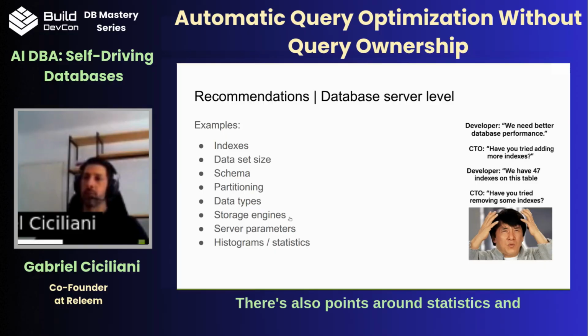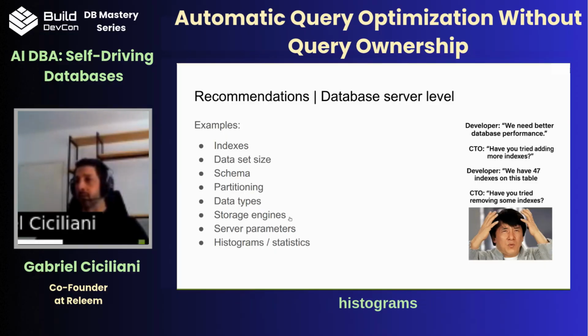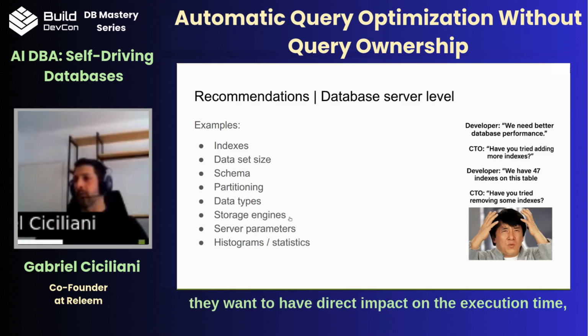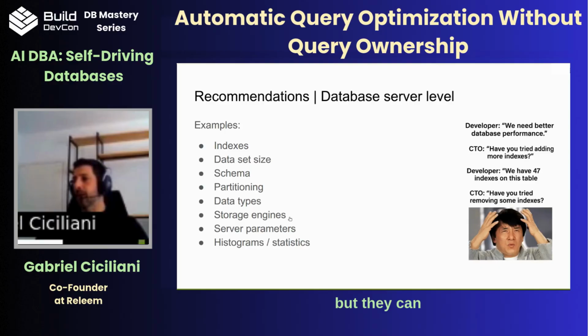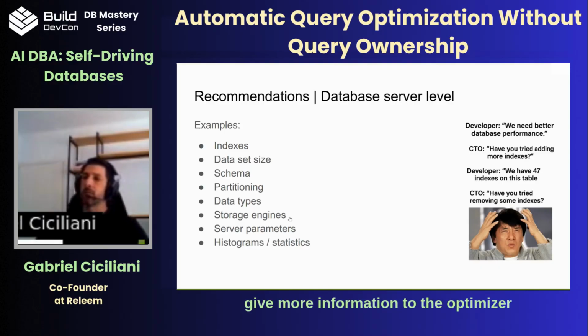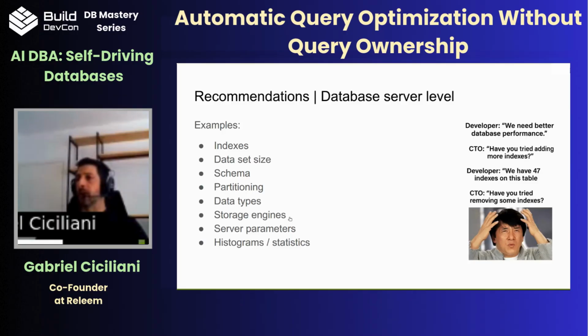There are also points around statistics and histograms, which won't have a direct impact on the execution time, but they can give more information to the optimizer to produce better execution plans. So you could eventually end up having better performance.